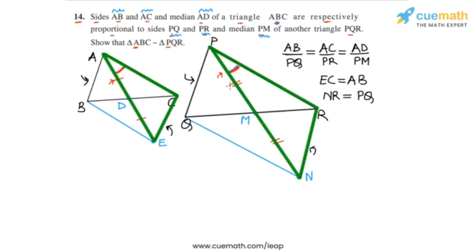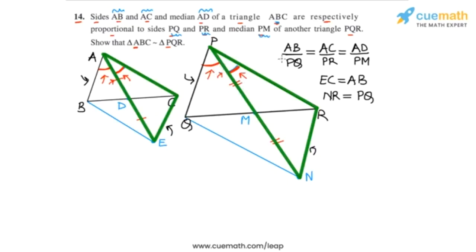And similarly, using similar arguments, this angle BAE will be equal to angle QPN. Okay, and from here, if we sum these two angles, angle BAE plus CAE, which is angle BAC, we can show it will be equal to angle QPN plus angle RPN, or angle QPR.